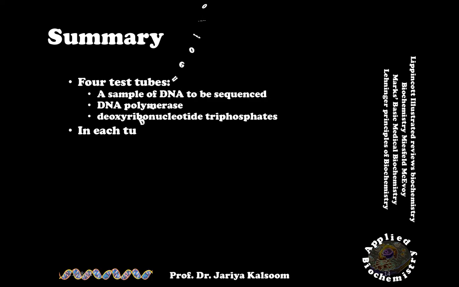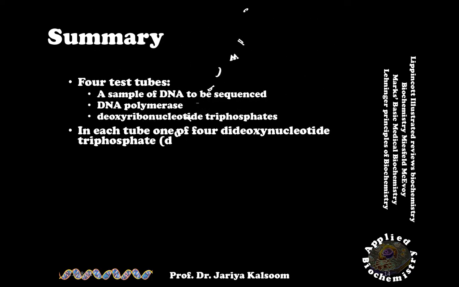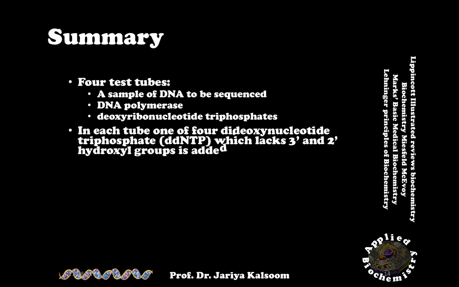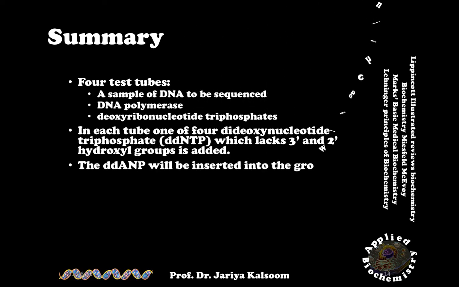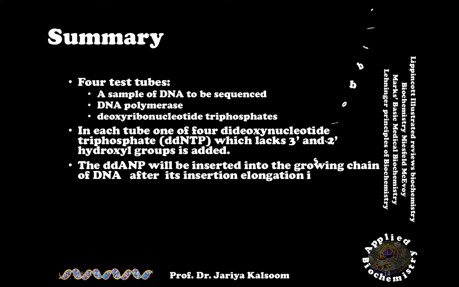So the sample of DNA to be sequenced is added to a mixture which contains the single-stranded DNA to be sequenced along with the DNA polymerase and deoxyribonucleotide triphosphates of the 4 types.